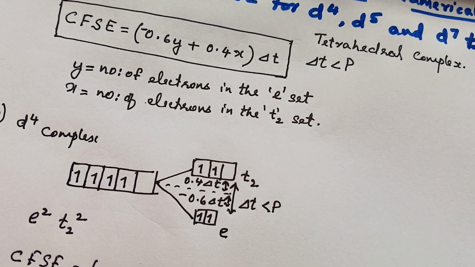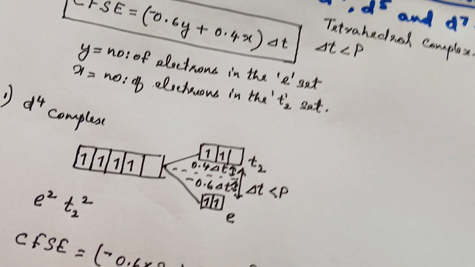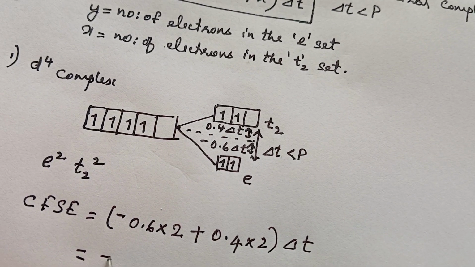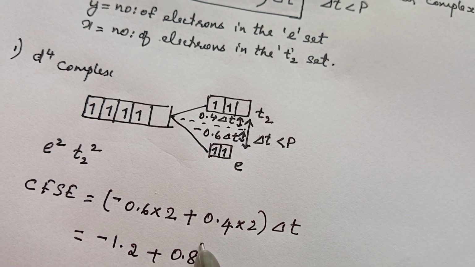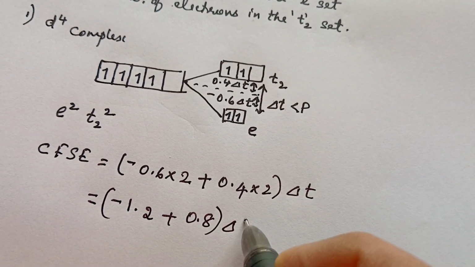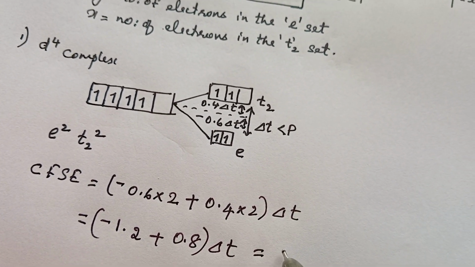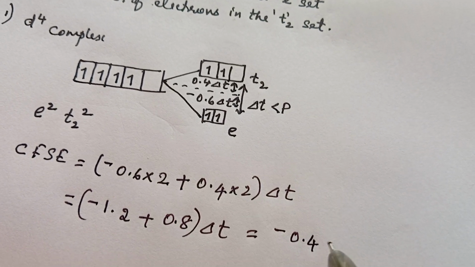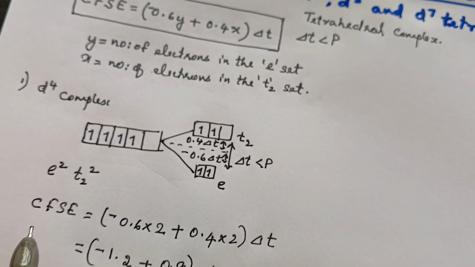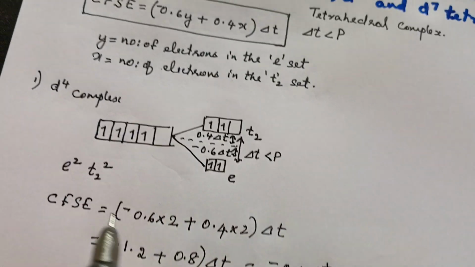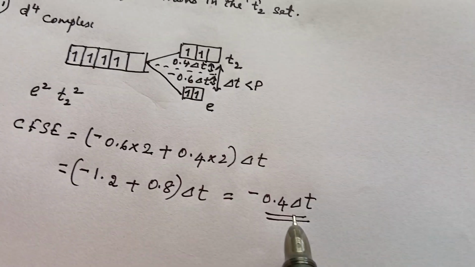So into 2, the whole into delta T. That is equal to minus 1.2 plus 0.8, the whole into delta T, which is equal to minus 0.4 delta T. So that is the crystal field stabilization energy of a D4 complex.